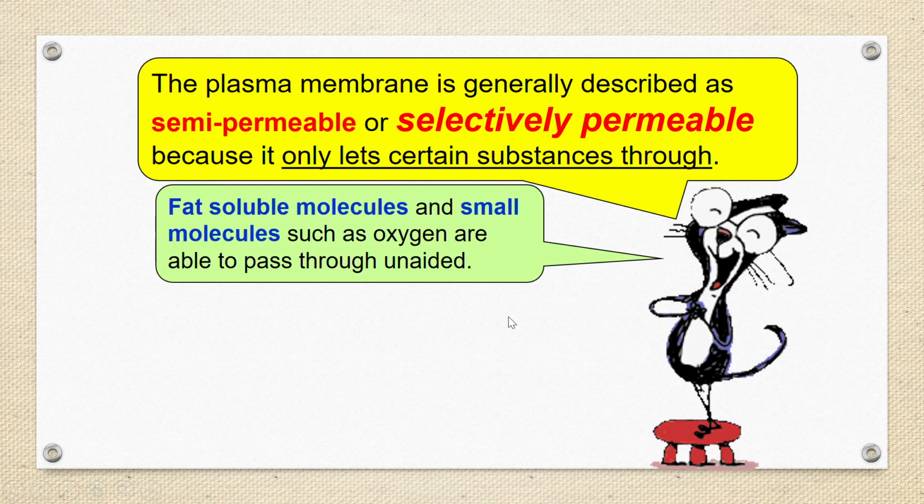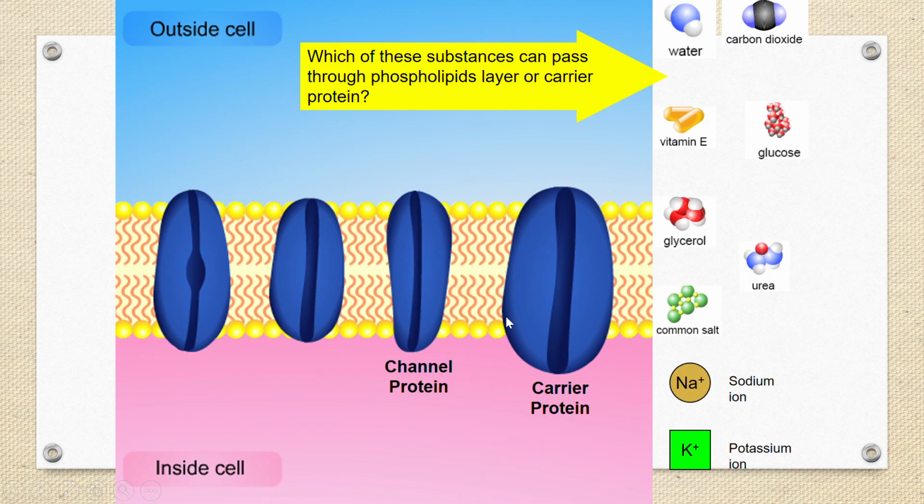Okay, so let's look further into that. The channel protein, the carrier protein. So which of these substances can pass through the phospholipid layer or carrier protein? What do you think? Ions. We have the water, we have glucose together with amino acids just now through this carrier protein. How about those common salts?